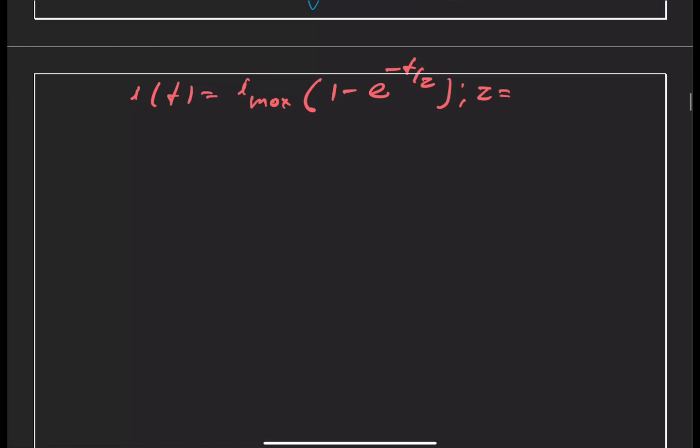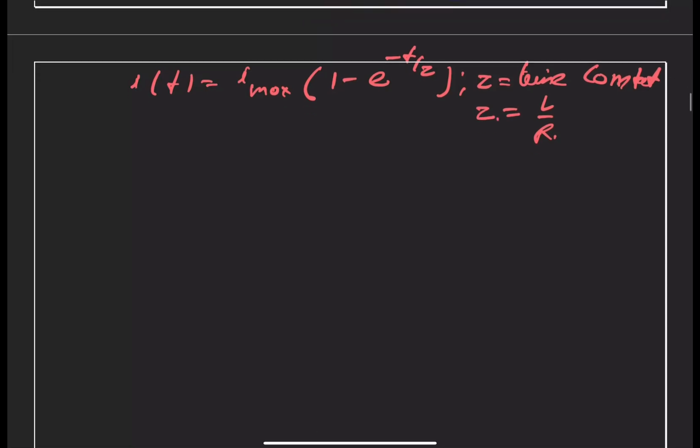Tau is given as L upon R, which is 10 upon 2, and this is 5 seconds.